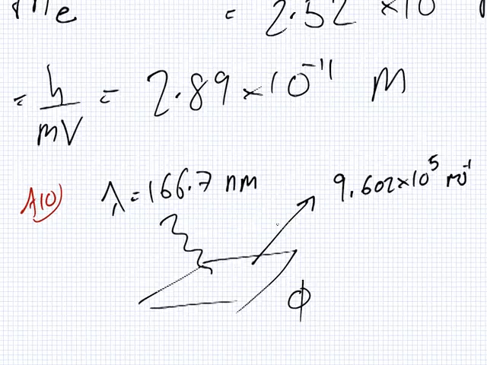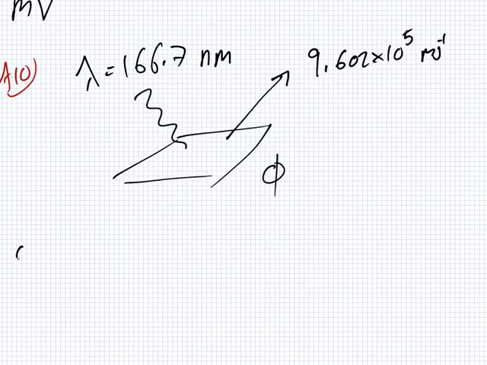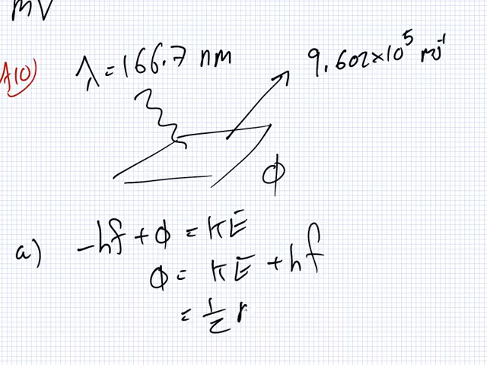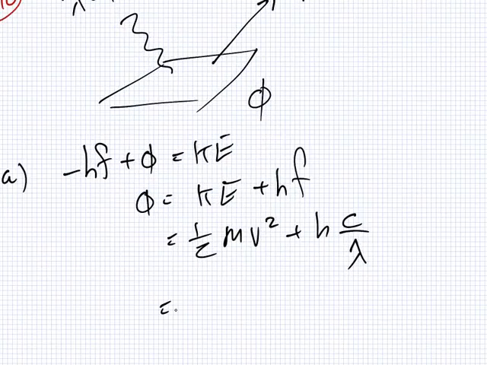What is the work function? So we use the formula hf minus work function equals KE. So work function equals hf minus KE. So that's a half mv squared plus hf, which is hc over lambda.